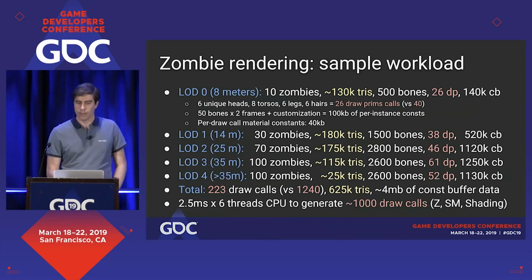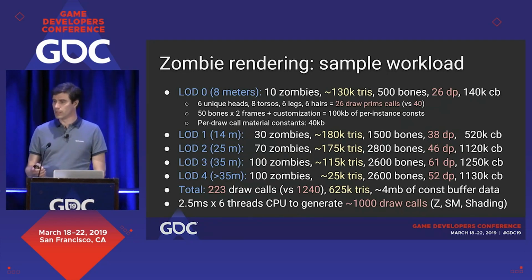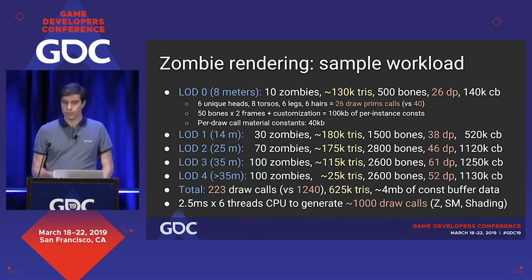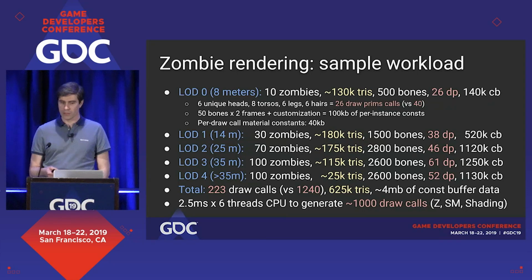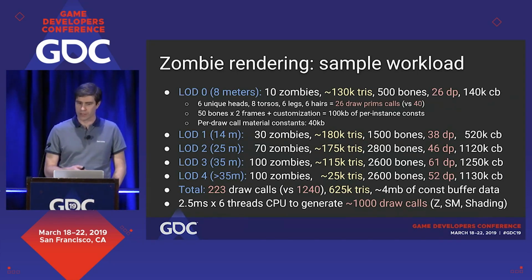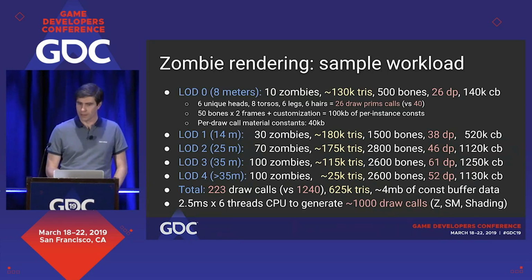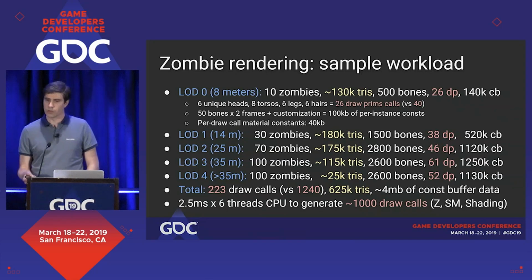In total we get 223 batches, about 600,000 triangles for all the zombies. It takes about 2.5 milliseconds for all 6 threads of the CPU to generate all this data, process those batches and convert them into 1,000 draw calls. So all in all, we use about 1,000 draw calls to render those 300 zombies.